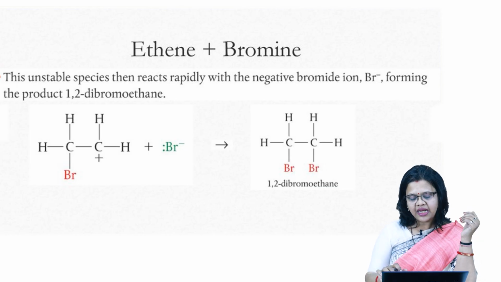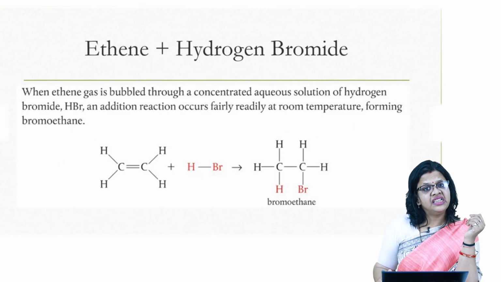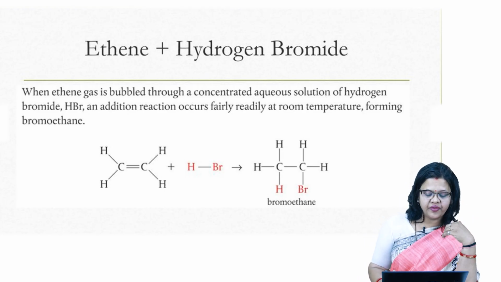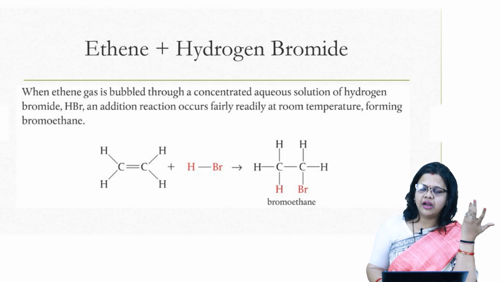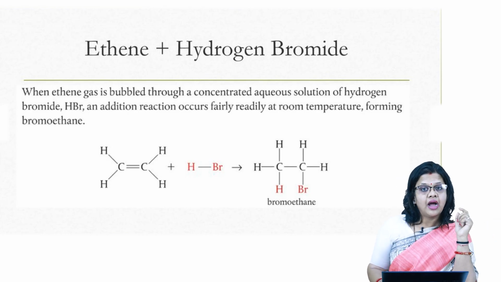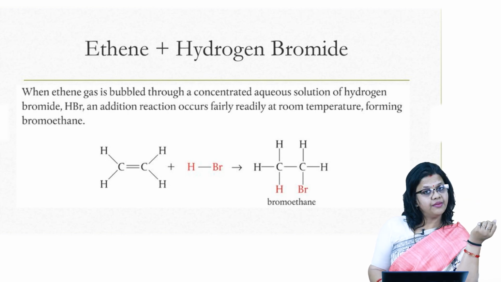Now, similarly we can take another example of ethene. Here the attacking reagent is a polar molecule. In the earlier example we took bromine; here we are taking hydrogen bromide, a halogen with a hydrogen atom attached to it.